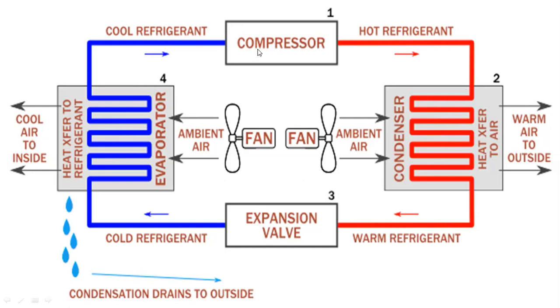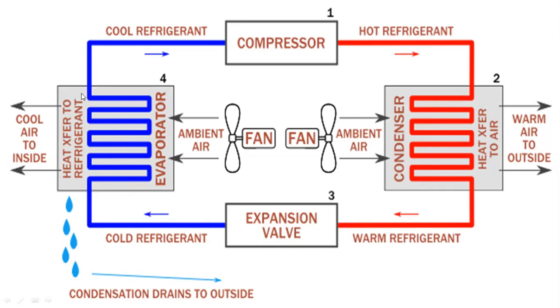The compressor sends the compressed refrigerant into the condenser, and here we have to remove the heat, either through a fan sending warm air to the ambient outside. Then the condensed refrigerant comes through the expansion valve, where the pressure is released as it enters the evaporator.